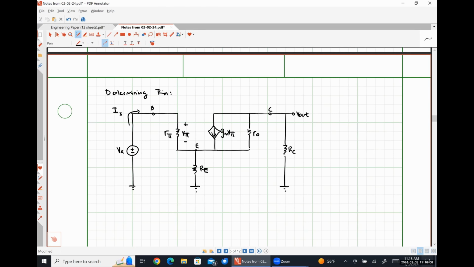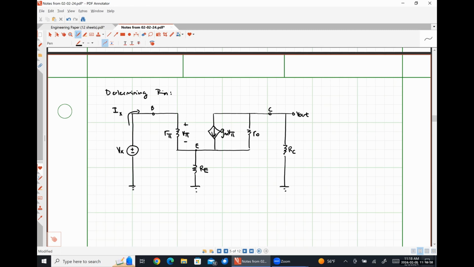Now, previously, when we did not have emitter degeneration, it was very easy to see that our input resistance was simply R pi. Now, there's some other resistance between the emitter and ground, and so that's going to effectively mess up our input resistance relationship. I say mess up from a calculation standpoint, but it actually has a purpose, okay, for a practical application.